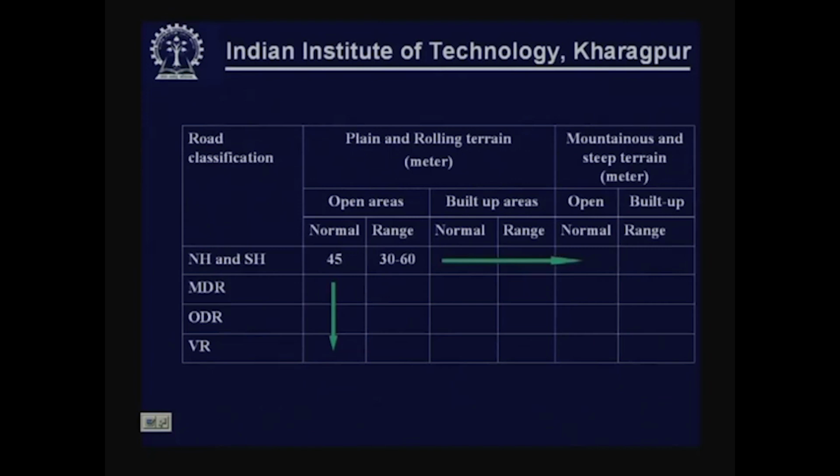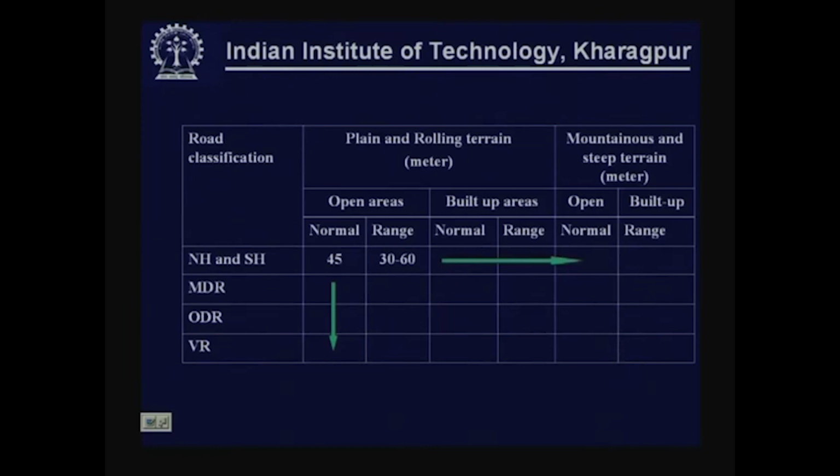Again, the width varies depending on the terrain. So, values are different for plain and rolling terrain and mountainous and steep terrain. For difficult terrain conditions like mountainous and steep terrain, the recommended value is relatively lesser.